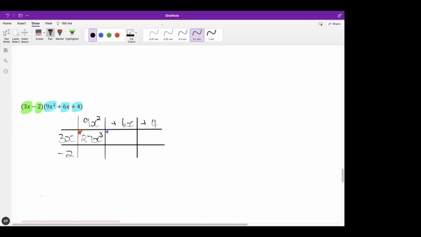So it's a positive answer. 6 times 3 is 18. And x times x is x squared. Then we go to my last block over here. I have a 3x times positive 4. What is 3x times positive 4? That is 12x.